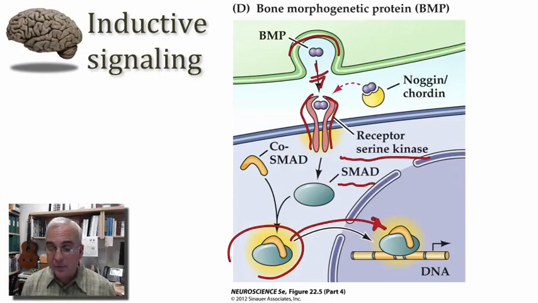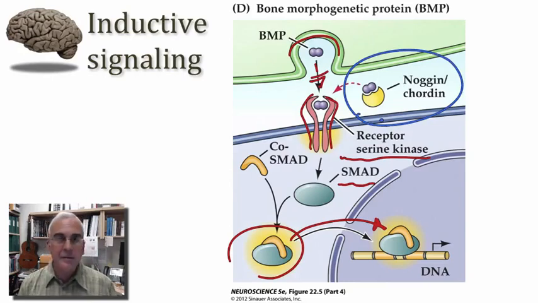As the name implies, bone morphogenetic protein, BMP signaling can induce the development of bone cells. Now, in ectoderm, BMP signaling can induce the formation of epidermis, or skin, unless BMP signal is controlled. And this is where these additional factors that are illustrated here come in. There are factors called noggin and chordin, they have somewhat fanciful names, that can antagonize the interaction of BMP with its receptor.